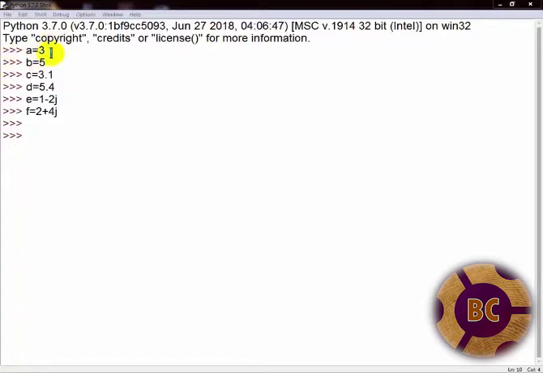A is an integer, B is a floating point number, C is a floating point number, and E is a complex number. Now let's talk about operations on numerics.